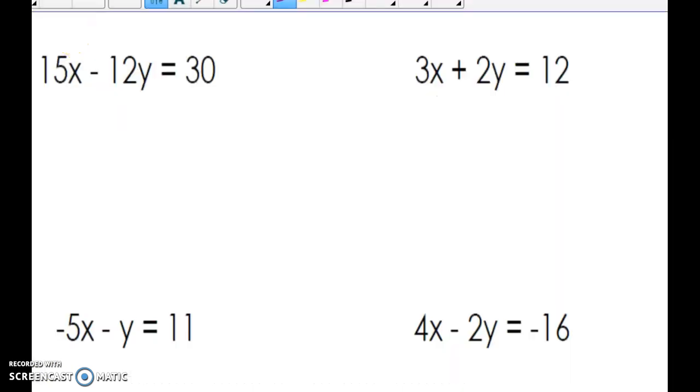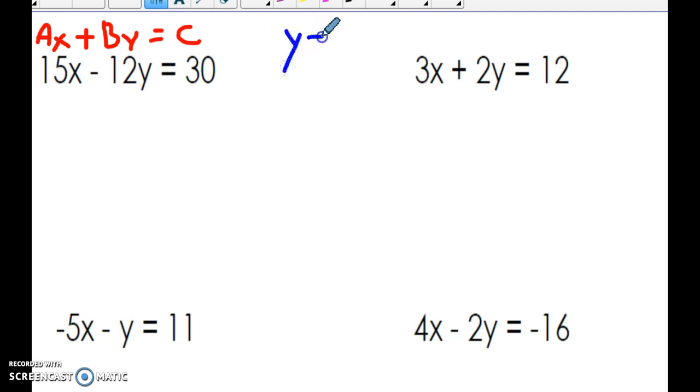So standard form is when an equation is written ax plus by equals c. Okay, and so we want to take it from standard form to write it in slope-intercept form. And you remember what you just did.